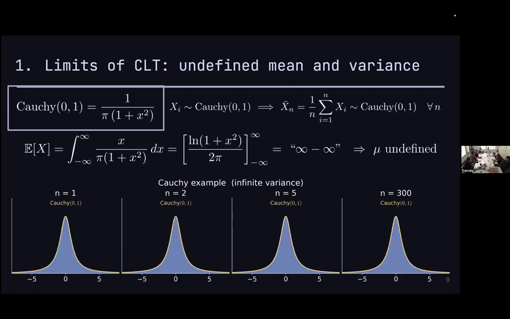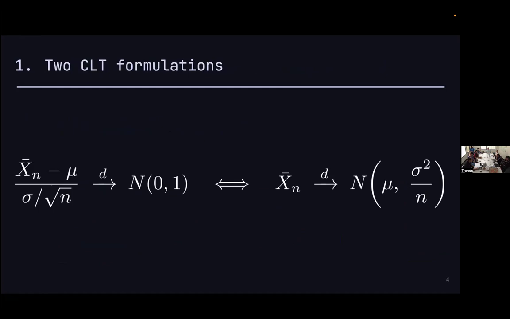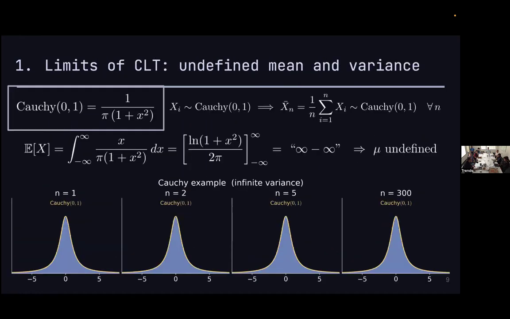Interestingly, there are distributions that do not obey this law. If you remember the definition, the central limit theorem operates with the mean and the sigma. When your distribution doesn't have a properly computed mean and sigma, it can break. An example of this is the Cauchy distribution. Its formula is shown here.